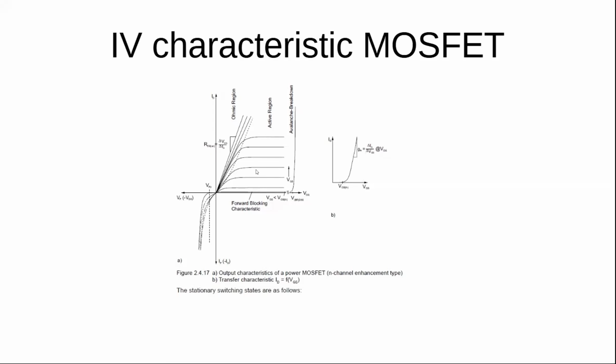So what we said is either we're doing cutoff, and although for cutoff the current is 0, we have a 0 drain current, but we are blocking a positive voltage. So that's why they call it forward blocking. Forward basically represents a positive. So it's not reverse blocking, it's forward blocking.